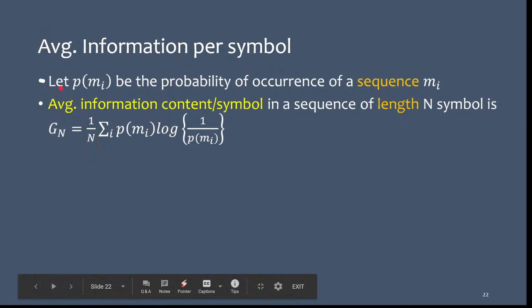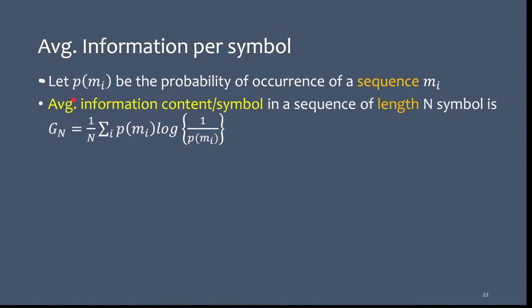So now average information per symbol. Okay, that is P(Mi). For any message Mi, P(Mi) is its probability. The average information content per symbol in a sequence of length n symbols is represented as Gn. So that Gn is equal to 1 by n summation P(Mi) log 1 by P(Mi).